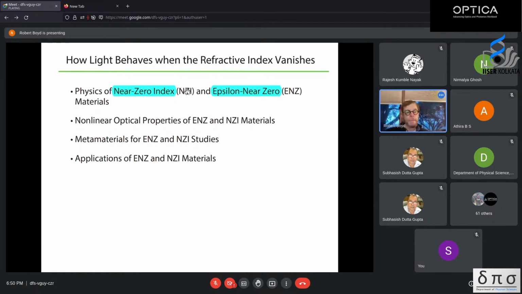There are near zero index materials and epsilon near zero materials, basically different names for the same phenomenon. Then I'll talk about the nonlinear optical properties, and then metamaterials for ENZ, and finally applications for ENZ.